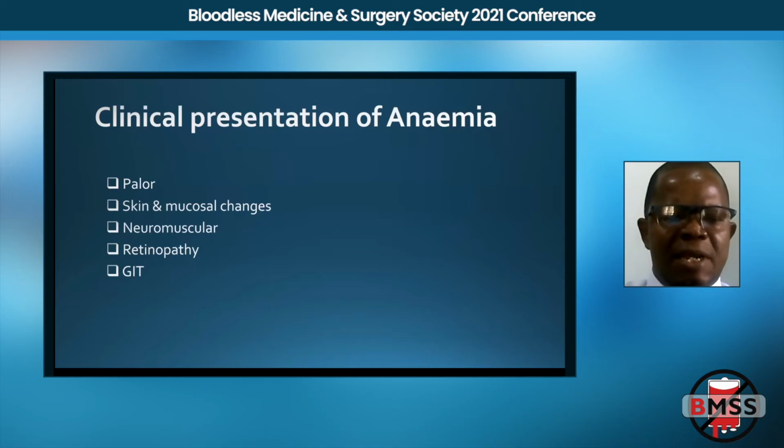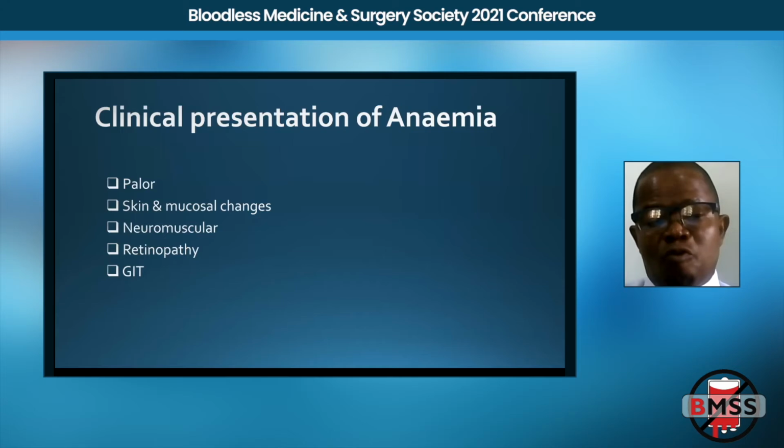The body redistributes blood to very vital organs like the brain, the heart, and the lungs for the patients to survive. Once this happens, there's going to be splendid removal of blood from the skin linked to the pallor, which is not going to give you a fair idea of what is happening. It's good to measure, as it were. Next slide.